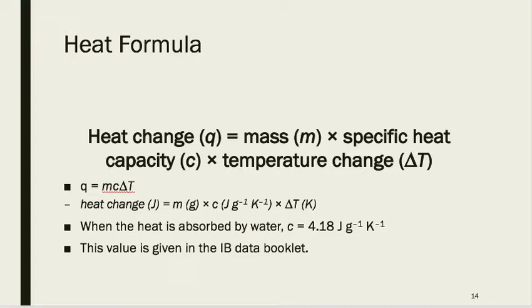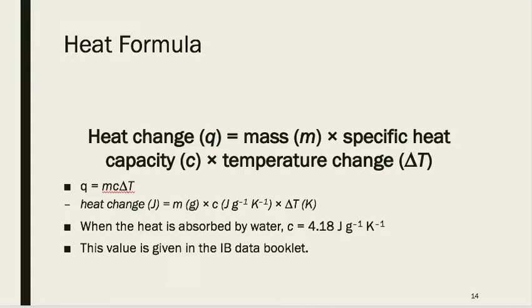Here below we can see the symbols that are given for each of those variables. Okay, heat change is joules, mass is in grams. The unit for specific heat capacity is joules per gram per Kelvin. And then delta T is given as Kelvin here.